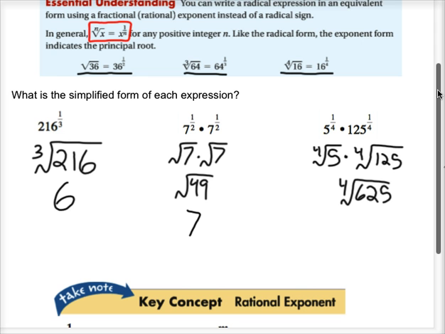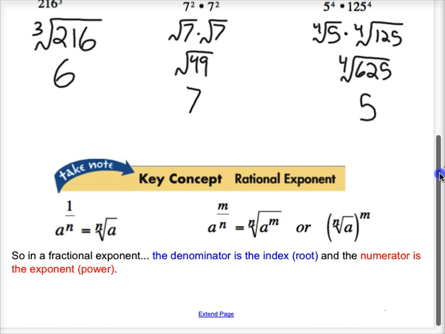And now when I take the root, we know that this simplifies to 5. So that's the first key understanding I need you to have today, is how to convert these fractional exponents into roots. Now, they can get a little bit more complicated than that.